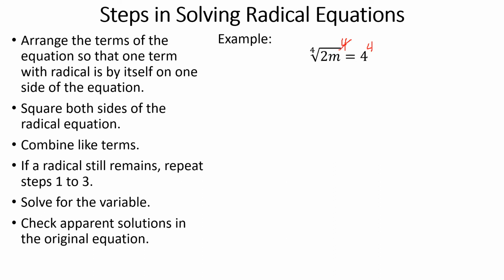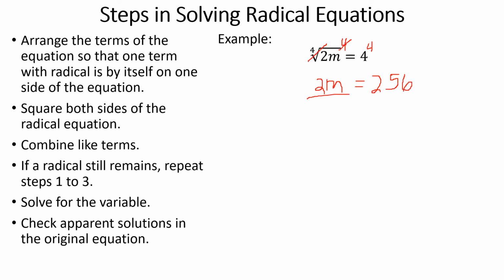So, magka-cancel po yan. 2m ang maiiwan equals, so 4 times 4, that is 16. 16 times 16. So, para po sa mga mahilig mag-mental calculations, pwede nyo pong gawin yan. And the answer is equivalent to 256. Ayan.